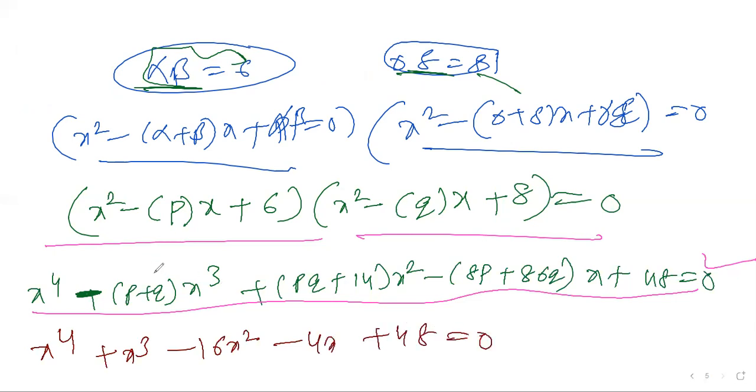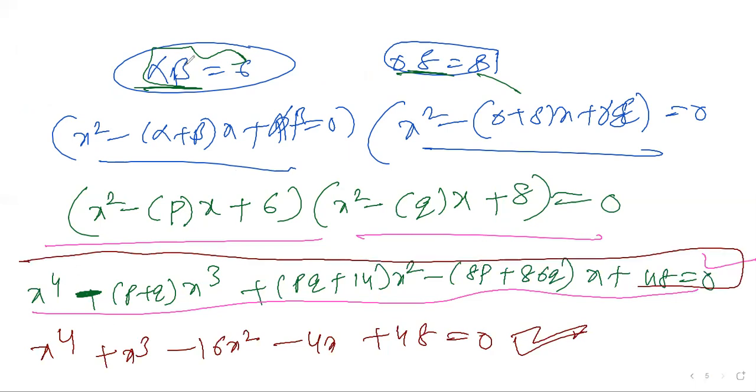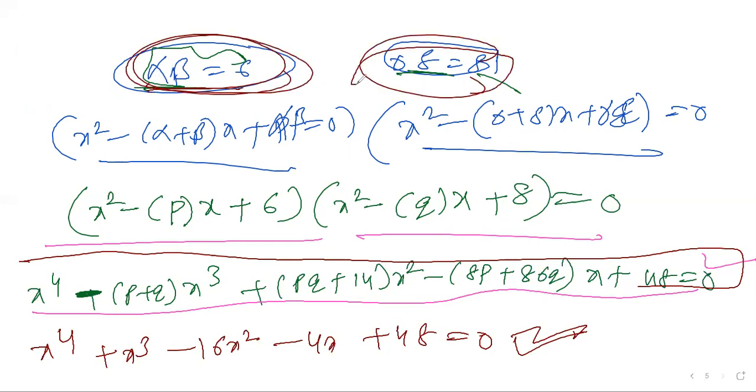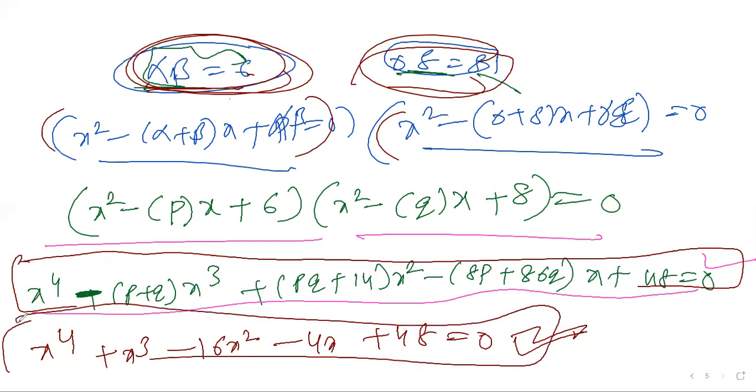This is our question, and our analysis is according to the condition: alpha beta is equal to 6, gamma delta is equal to 6. This is the product of two second order equations, so this equation is equal to this equation, and I want to compare these two because both are the same.